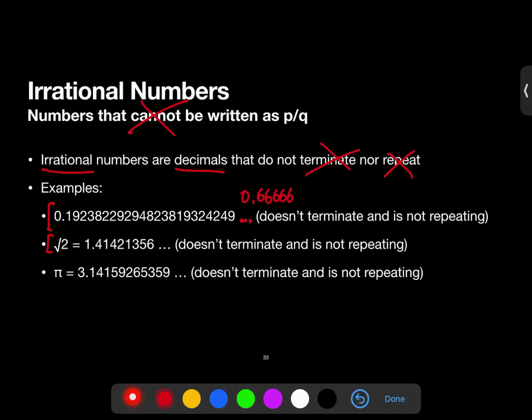So remember, 2 is not a perfect square. So it's a decimal that does not terminate and it does not repeat. And another example is pi, which is 3.14159 and so on. So this number as well is irrational.